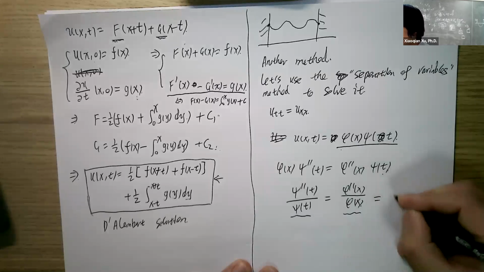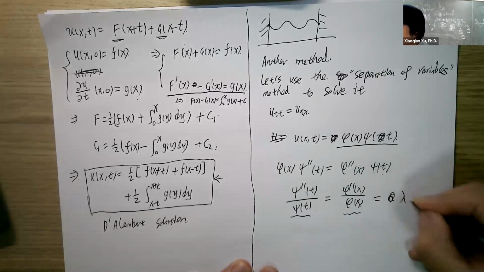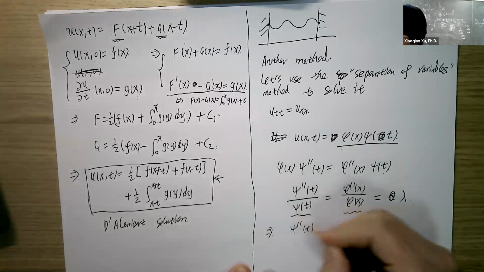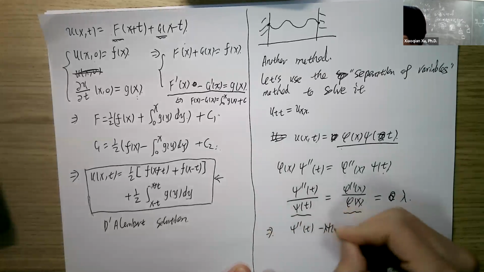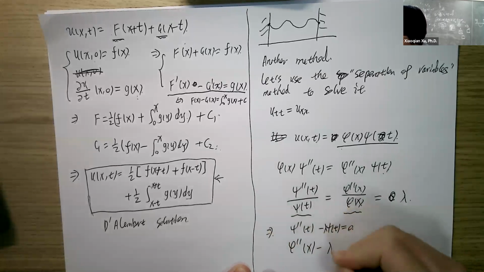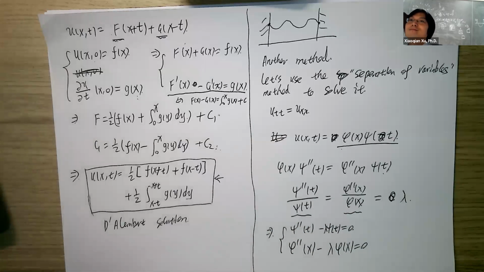It can only be a constant. Let's call this constant lambda. So that means we change our PDE to 2 ODEs. I believe you are able to solve these ODEs.